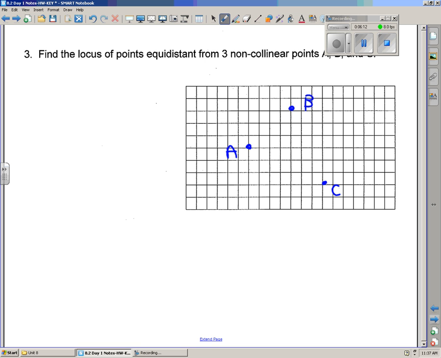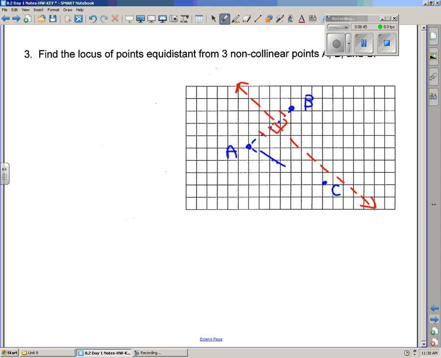I can connect 2 points together, and the locus of points equally distant from those two is any point on the perpendicular bisector. So I find the middle of this segment and draw the perpendicular bisector of AB. Now I'll connect, in this case, A to C, that might be easier.